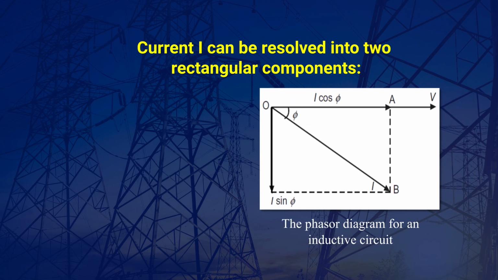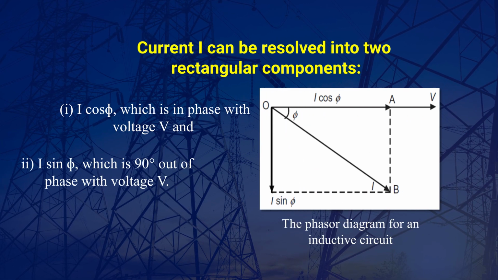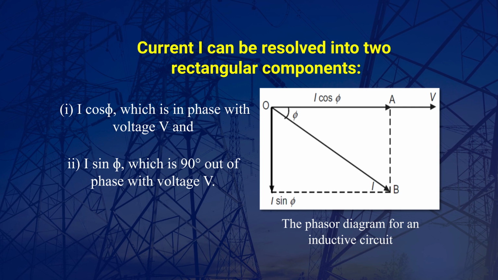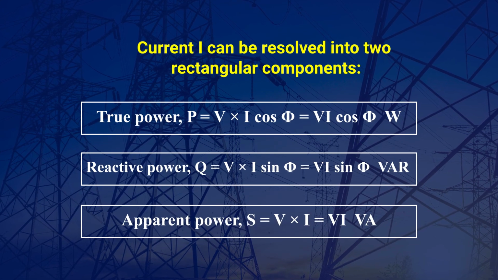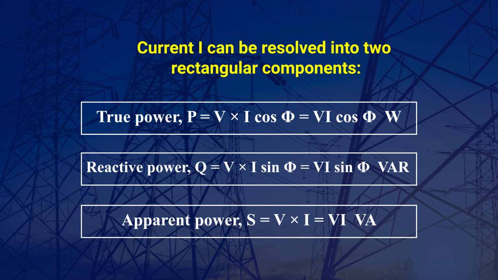The phasor diagram for an inductive circuit is shown in the figure, where current I lags behind the voltage V by the angle phi. Current I can be resolved into two rectangular components: I cos phi, which is in phase with the voltage V, and another component, the vertical component I sin phi, which is 90° out of phase with voltage V. So you can write the expression for the true power P is equal to V into I cos phi.